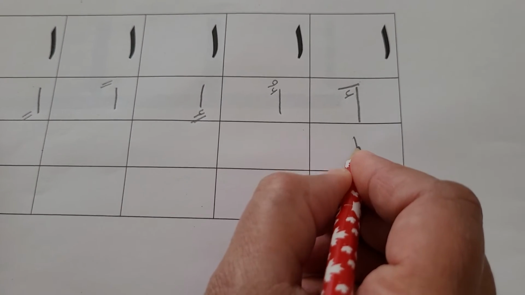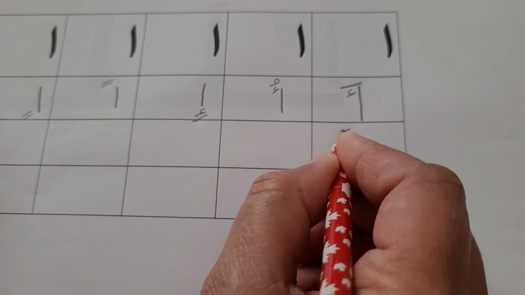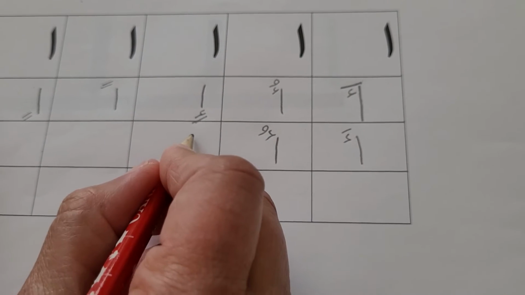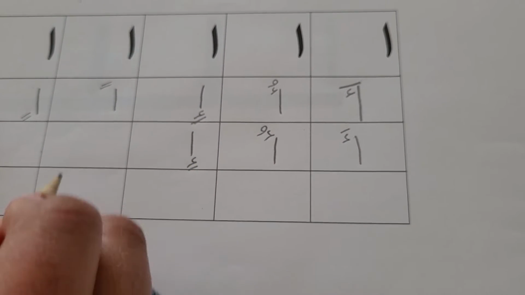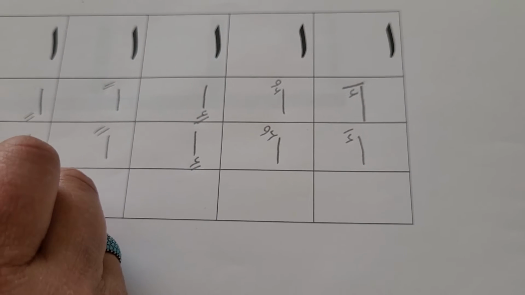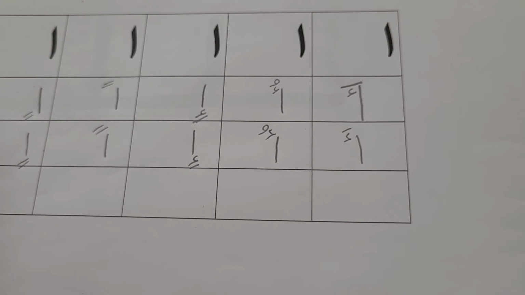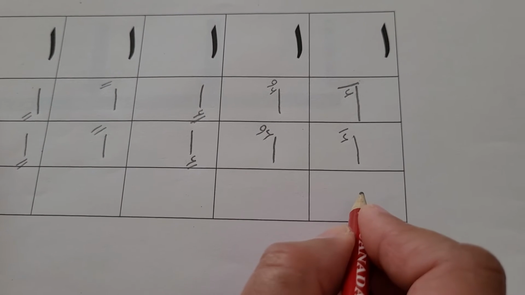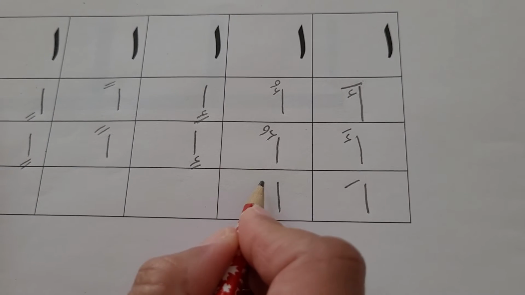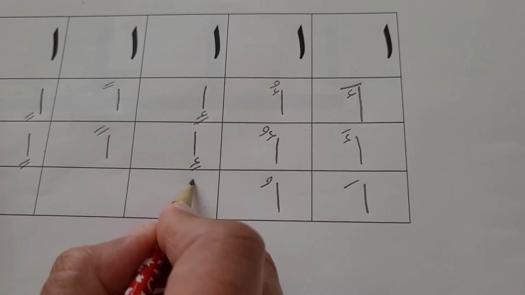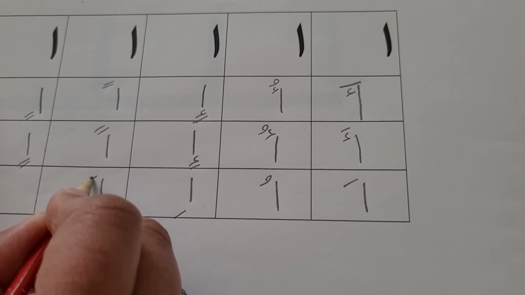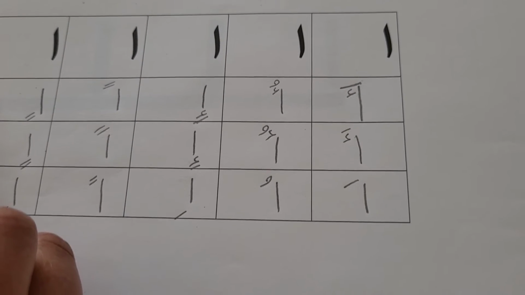Again, we have a, we have u, we have e, and we have an, and we have in. Again, alif with fatha a, alif with dhamma u, alif with kasra e, and we have tanween fatha and tanween kasra.